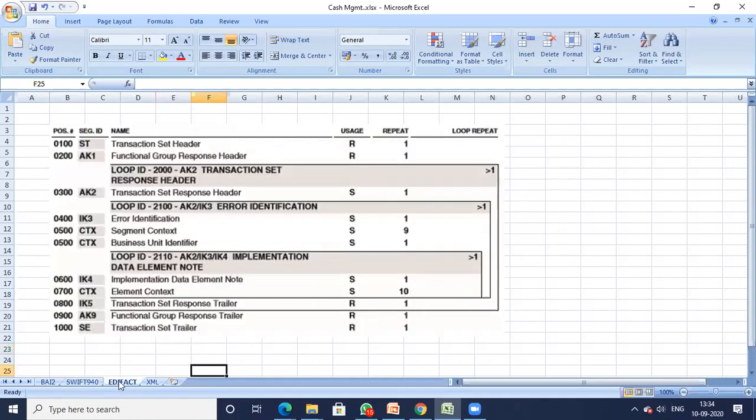There's another file format called Edifact. The abbreviation Edifact stands for electronic data interchange for administration, commerce, and transport. This is basically a global set of rules defined by the UN for intercompany electronic data exchange between two or more business partners via EDI, EDI meaning electronic data interchange.